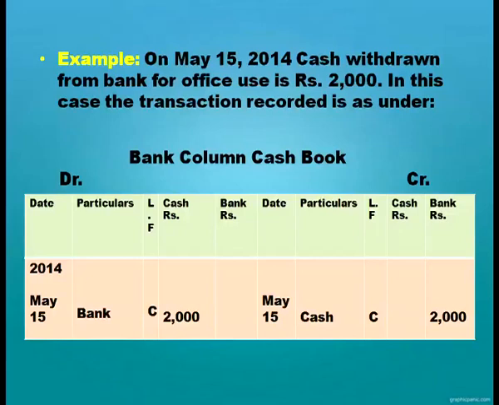On the credit side, by cash, the amount will be written in the bank column. And on the debit side, to bank, the amount will be written in the cash column. On both sides in the ledger folio column, we will write C, representing the contra entries.